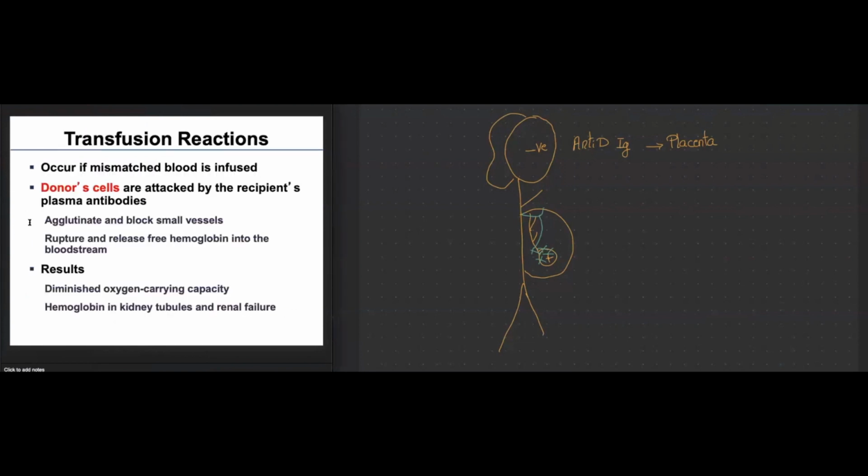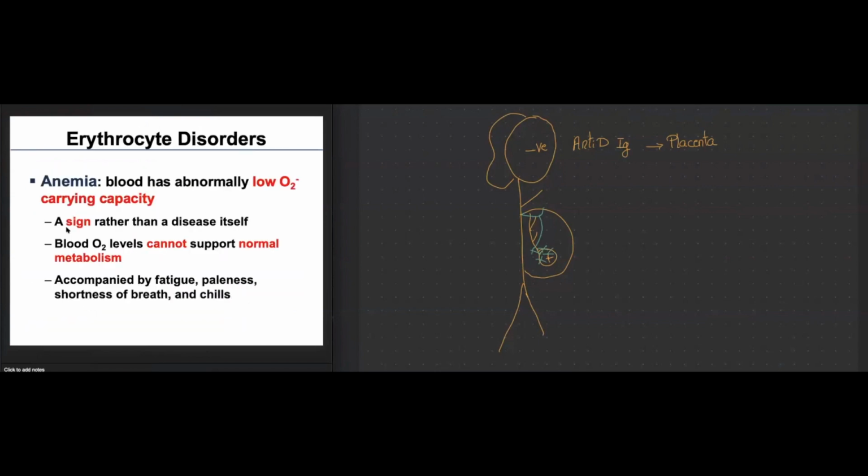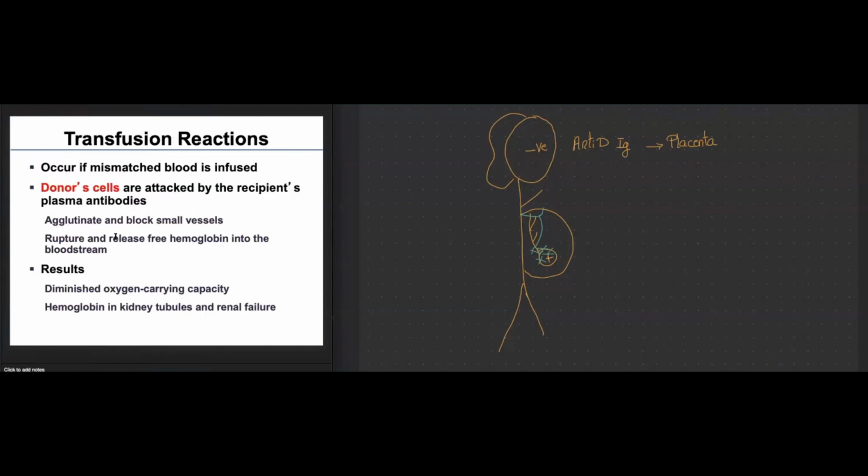What happens in a mismatched blood transfusion? If I did have a mismatched blood transfusion, remember, you're giving a person red blood cells that carry an antigen, let's say antigen A, on the surface of the transfused red blood cells, to a person who doesn't have antigen A on the surface of his red blood cells.